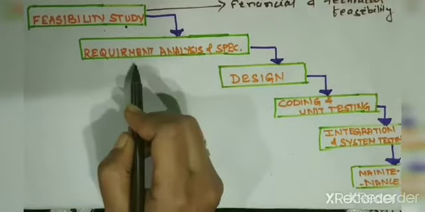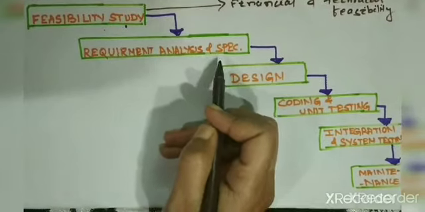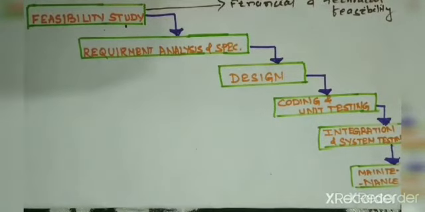In requirement analysis and specification, the developer goes to the end user and the customer, meets them and gathers the relevant information, what the exact requirement of the customer is.